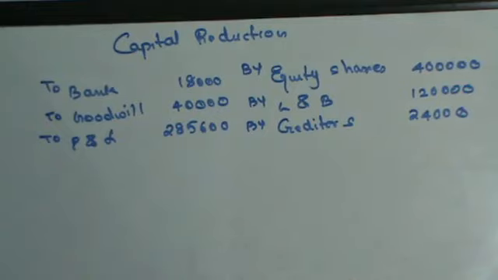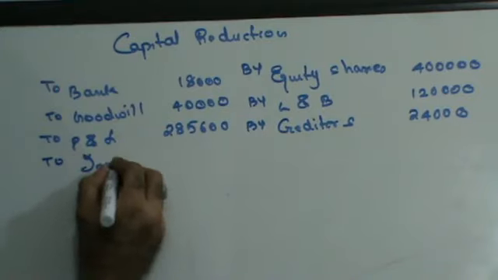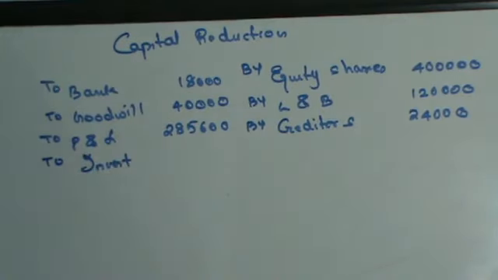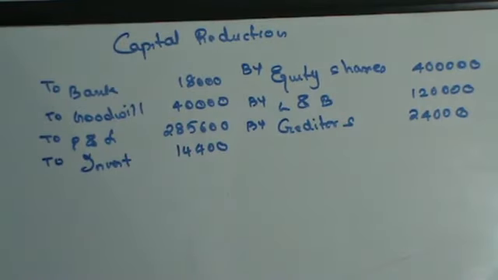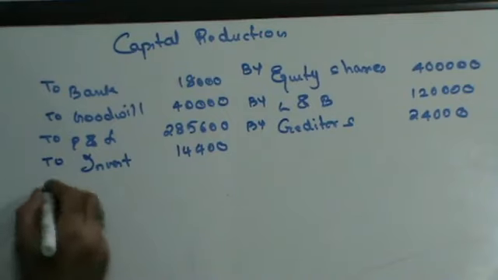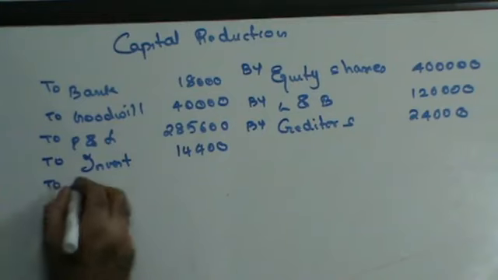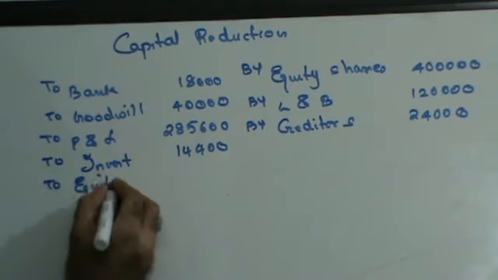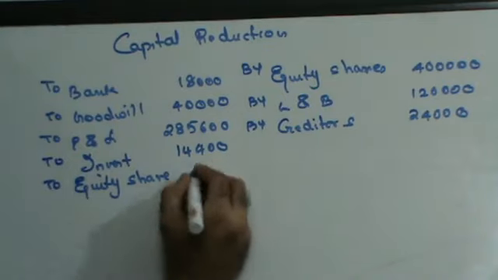Then capital reduction on the debit side to investments. 14,400. Then you have capital reduction on the debit side again to equity shares. Amount is 80,000.